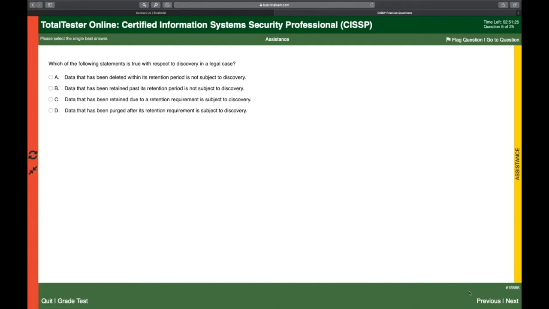Charlie. Yeah, that's what I was thinking. Anyone else? Data that has been retained due to a retention requirement is subject to discovery. If the defense retains information, they must share it with the prosecutor and vice versa during discovery.